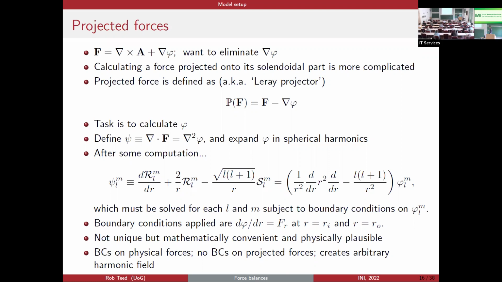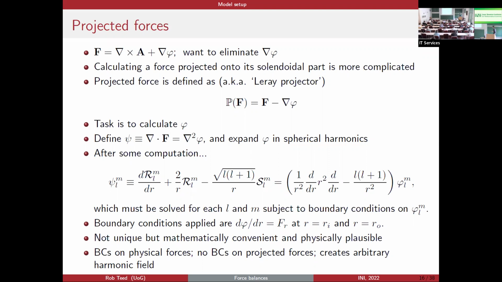That eliminates the curl part. And then the divergence is equal to the Laplacian of phi. Given that we know what F is, because it's one of the forces in our simulation, we can then calculate phi by solving, effectively, an ordinary differential equation.